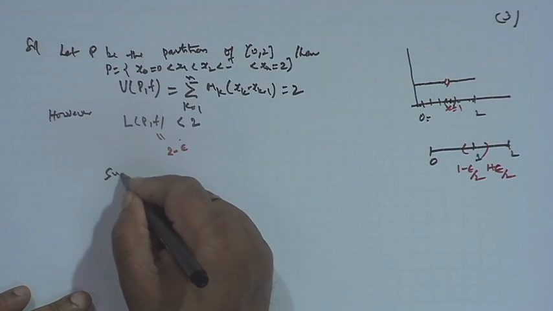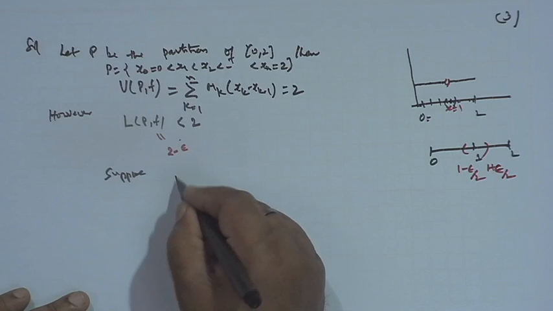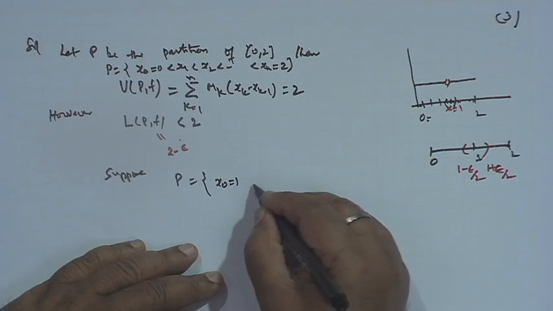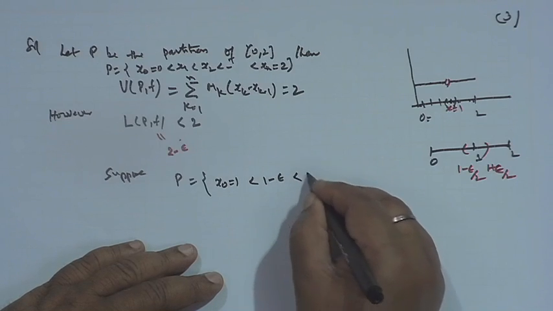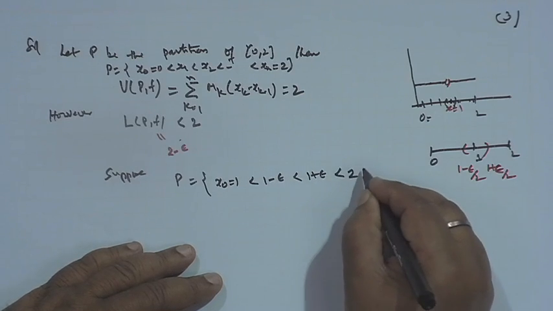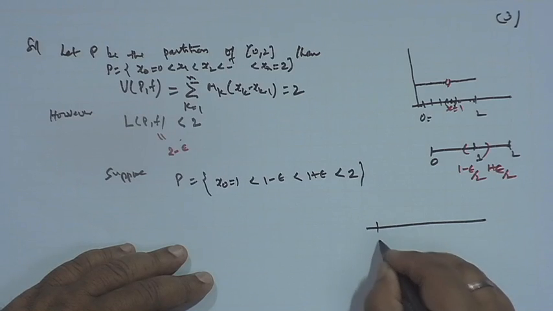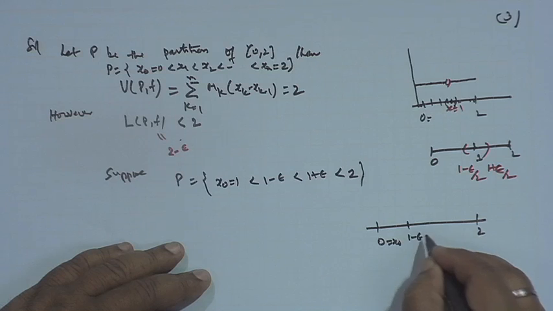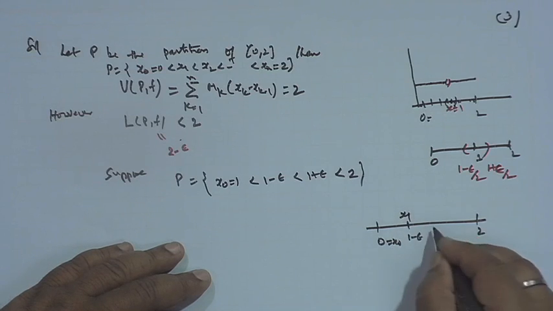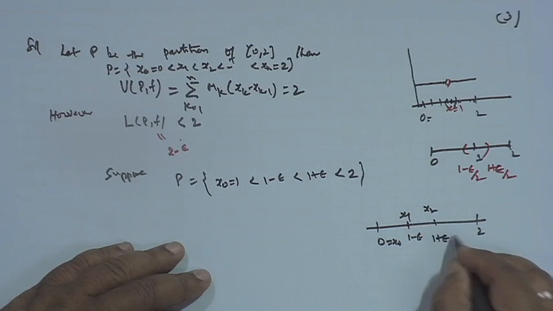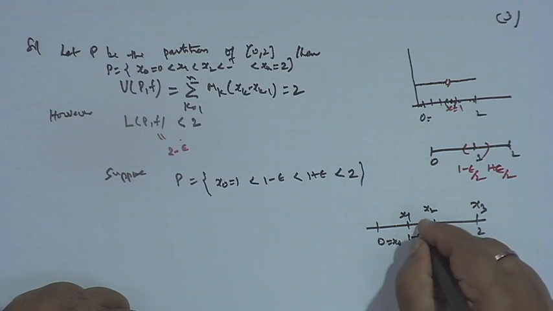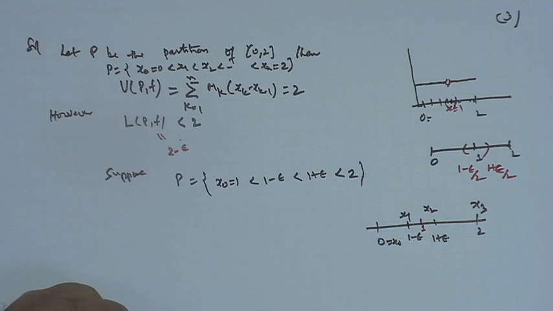Suppose P is this partition, with x_0 as 0, then x_1 as 1 minus epsilon, x_2 as 1 plus epsilon, and x_3 as 2. So, 1 is the point lying somewhere here. Okay. So, let us compute the upper sum and the lower sum.